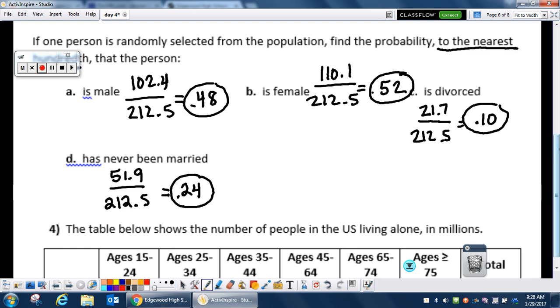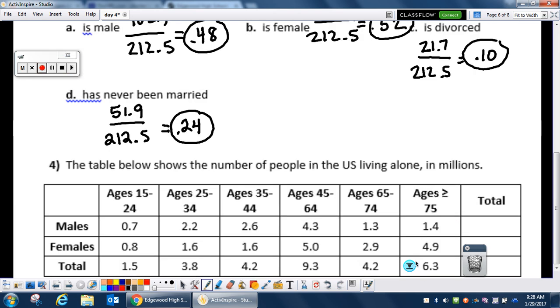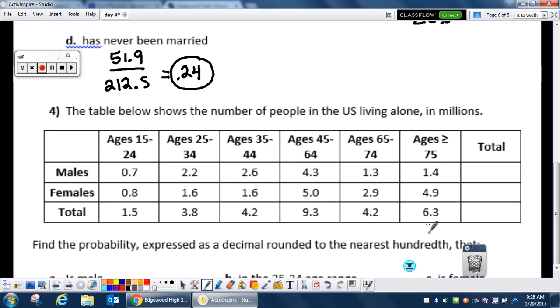Okay? All right, moving on to this next one. The table below shows the number of people living alone in the United States. Your book has some very weird tables, so some of these are kind of weird. Again, this is the number that you're going to pay attention to. It's typically always on the bottom right.